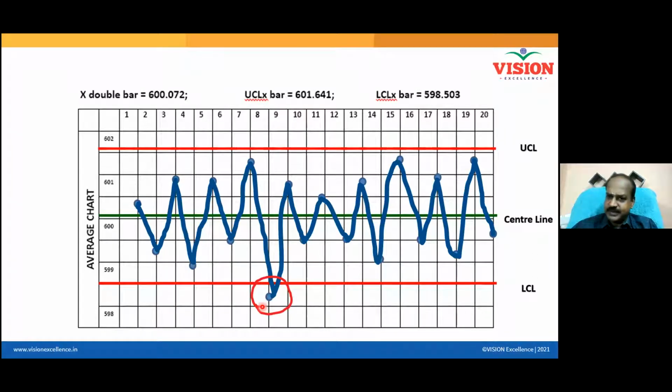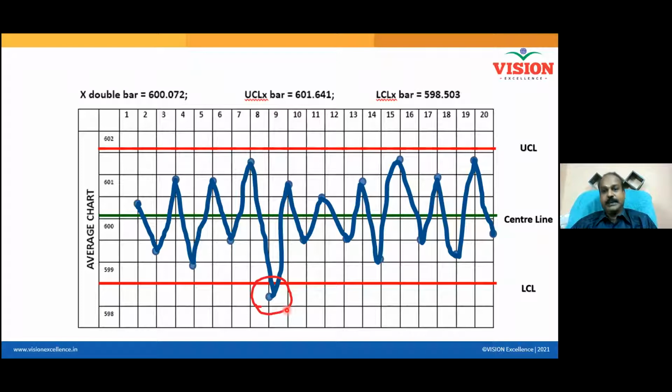Am I correct or not? Yes, sir. If this is wrong, the entire thing you did on shift number 4 on day 2 could be wrong. So if you dispatch the product as it is, the entire lot might come back. So you should not take it lightly, though it is just 1 point coming out of the control limit.